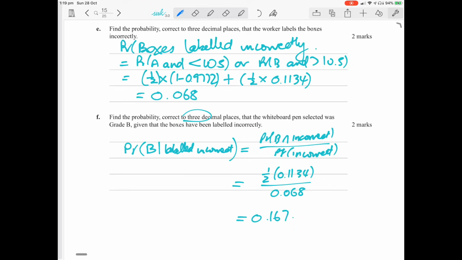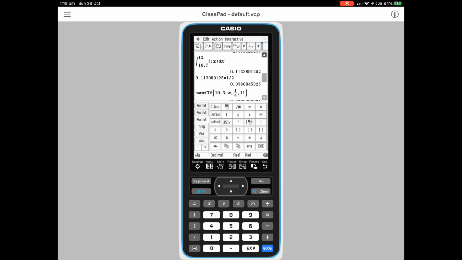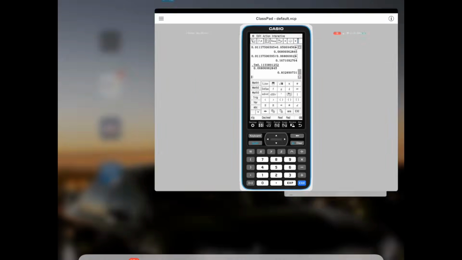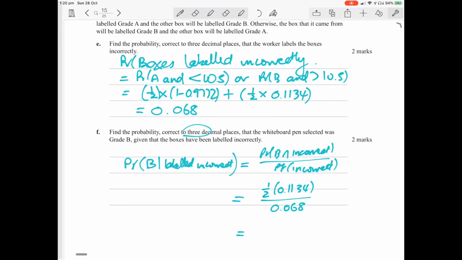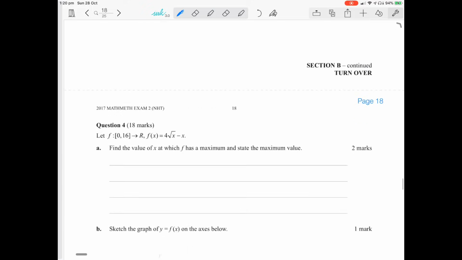Half of that is 0.05, so it's got to be closer to 1. I used the wrong value. 0.5 times 0.1134 divided by 0.068 gives 0.8328, which is 0.833 to 3 decimal places. This question doesn't seem to finish.